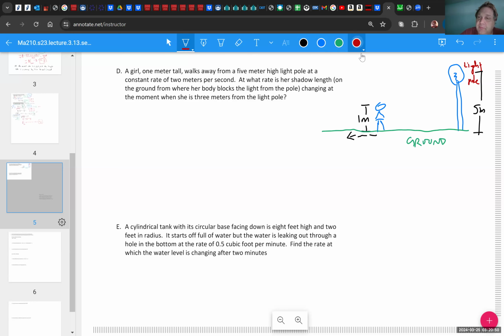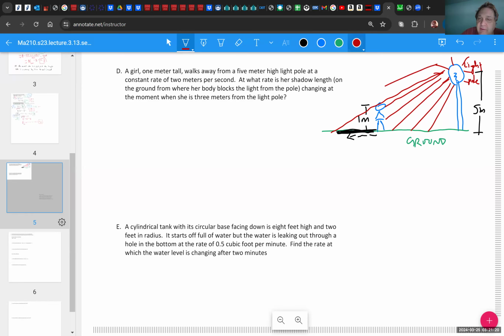There's light from the pole, I guess in all directions. The light in the pole shines down here and hits the ground. It also shines on our friend, but it cannot shine through our friend. She is not an invisible person. So the best the light can do is shine right above her head. So right over here is where the light gets blocked.